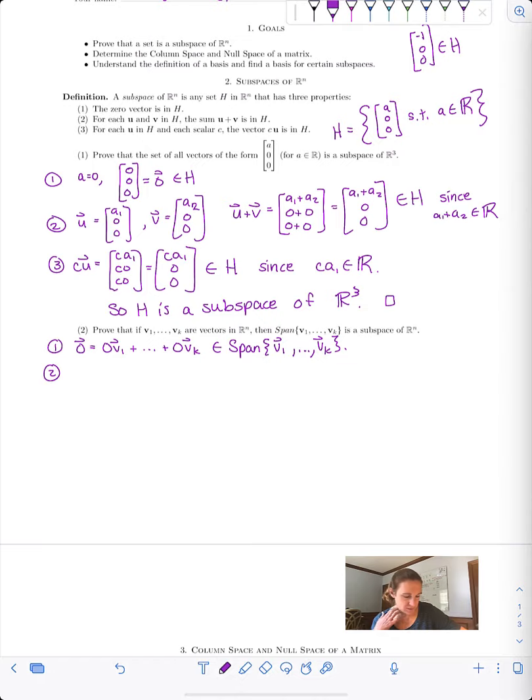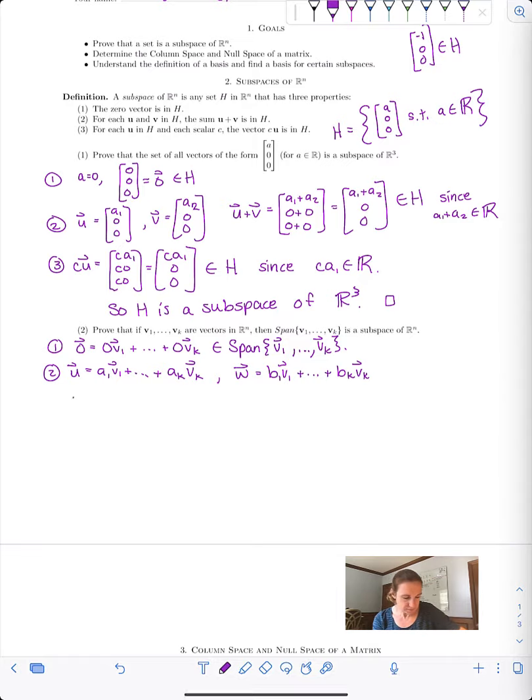And then if we take two vectors in the span, this time I'll use u and w since the set that we're starting with is v's. It doesn't matter what variables we use as long as we use arbitrary elements of that set. So we're not assigning any values to u and w, we're just using them as variables.